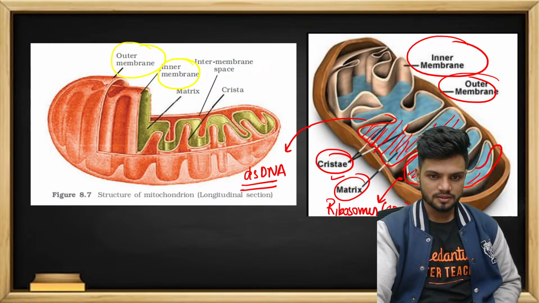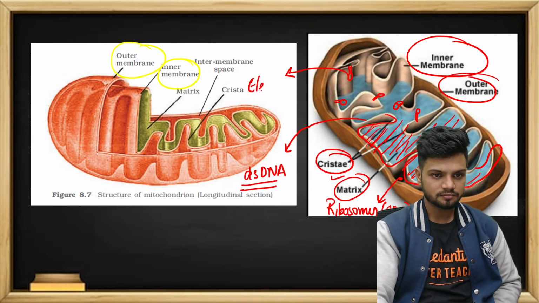Now, apart from this, there will be certain racket-like structures here. This racket-like structure is called an elementary particle. Elementary particles are also called F0 F1 complex.